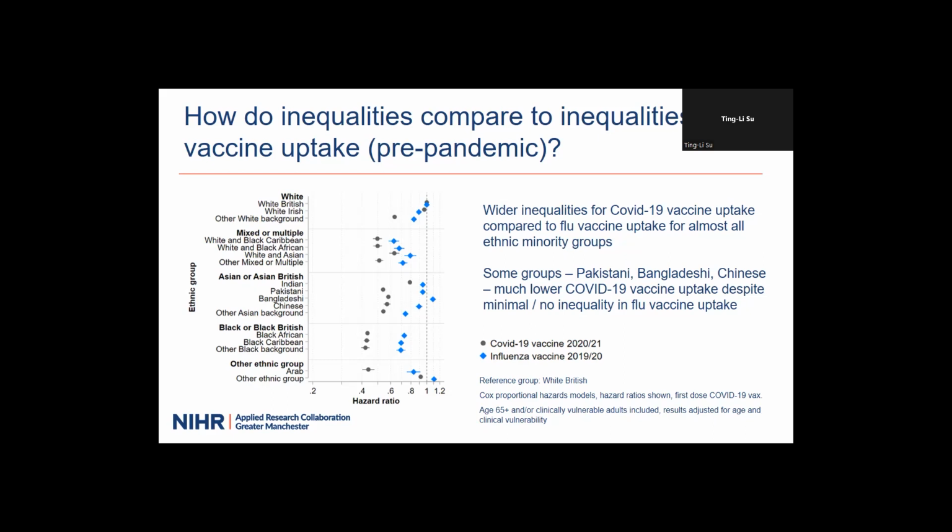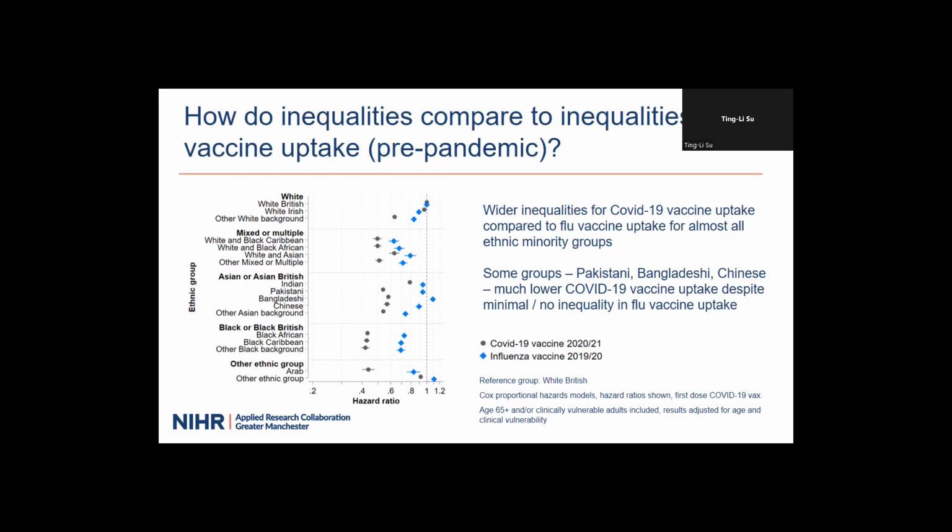So what we did was we restricted the population to those who would have been eligible for a flu vaccine the winter before, and then estimated a summary adjusted inequality. So this is now everyone included, but adjusted by age group and clinical vulnerability. So I'm showing the results for COVID vaccine uptake in the grey, and then in the blue, that's flu vaccine uptake in the previous season.